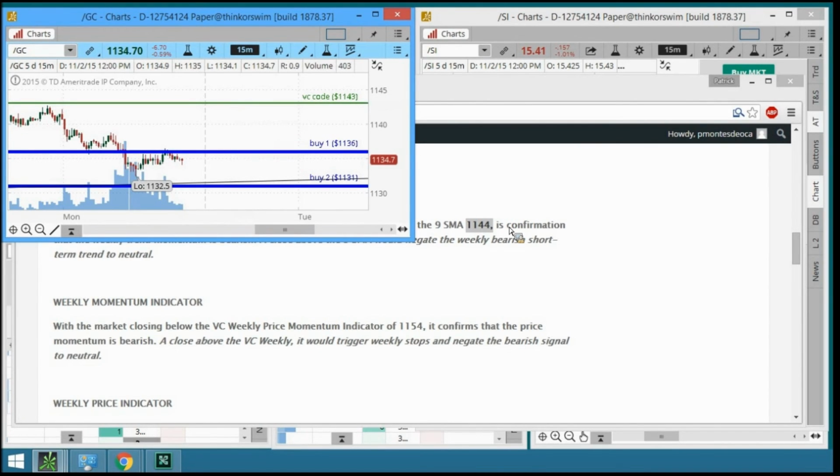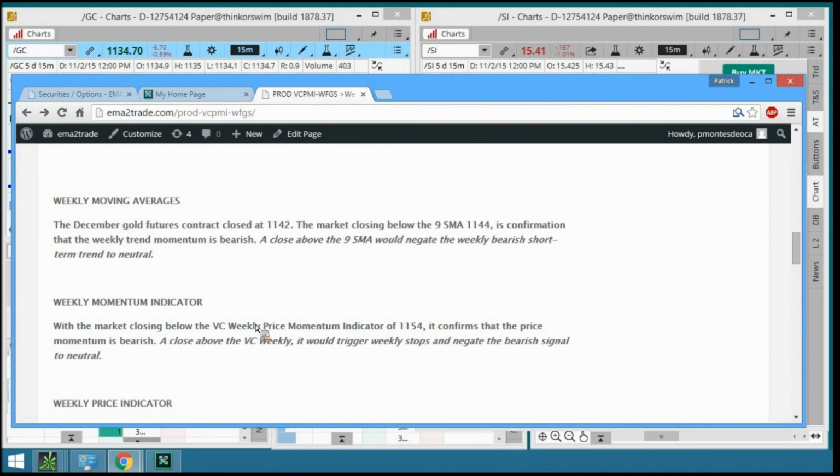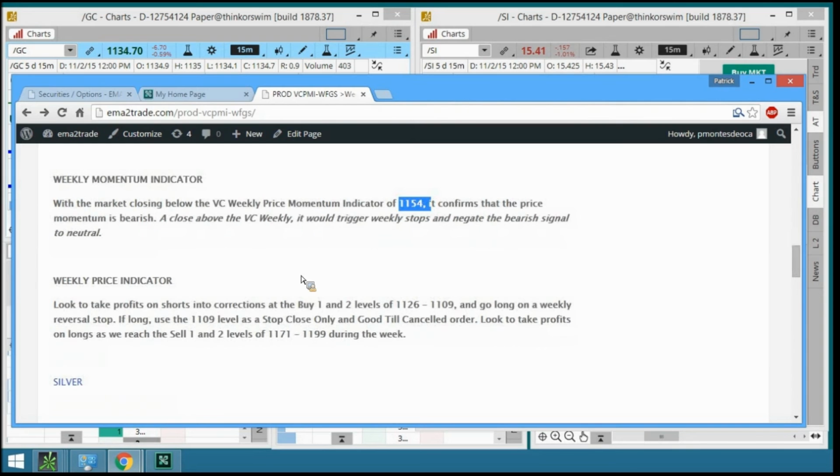Closing above 1143 to 1144 is going to activate a buy signal based on the 9-day moving average with targets of 1154. Closing above 1154 will ignite the upper targets of 1171 to 1199.